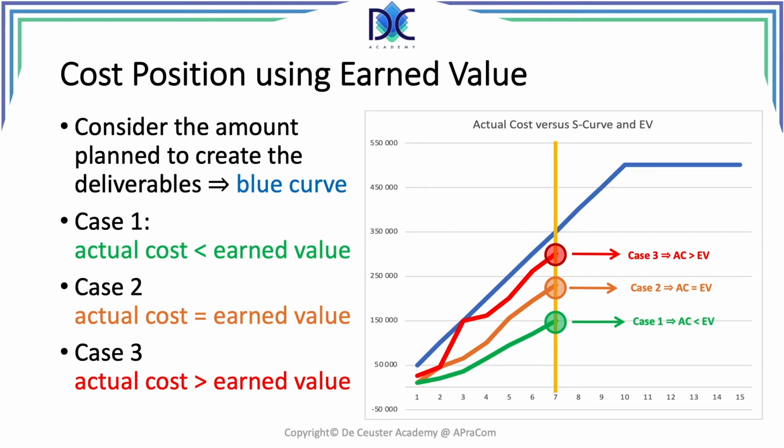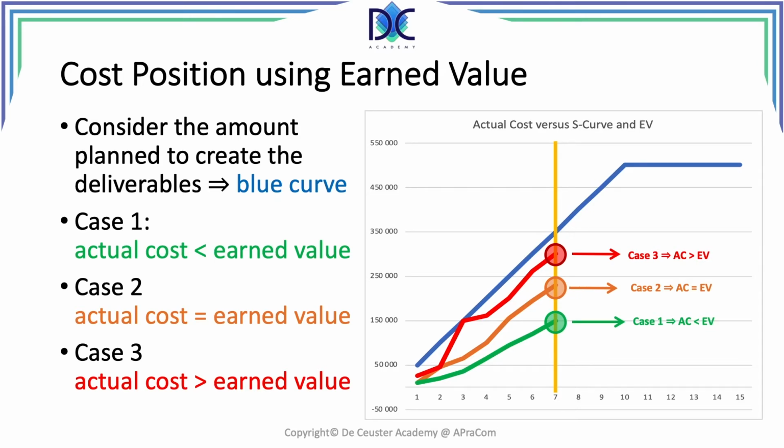Case 1 here shows a green curve which is all the time below the earned value. The actual cost is smaller than the earned value, which means that we are creating the deliverables at a lower cost than originally estimated.